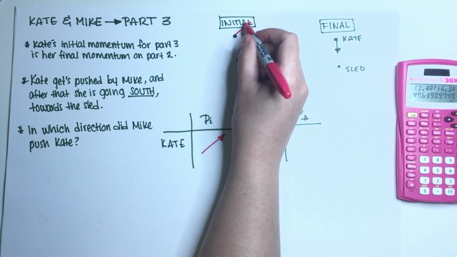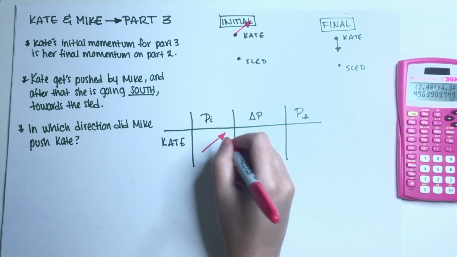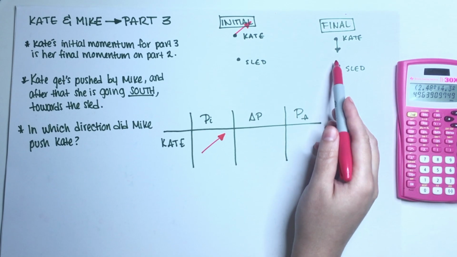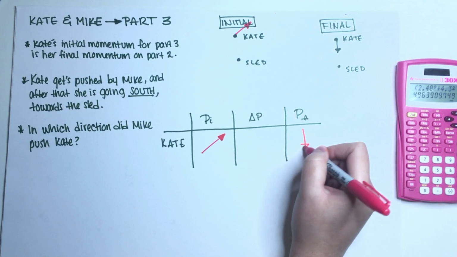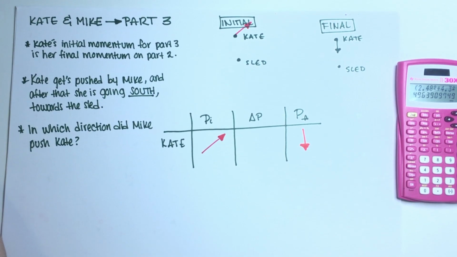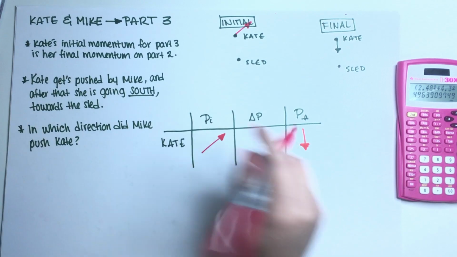So Kate is initially moving in this direction, right? So that would be northeast. And her final momentum is actually south. So if we do a momentum chart, what would be the answer? The answer is Mike didn't push Kate south.